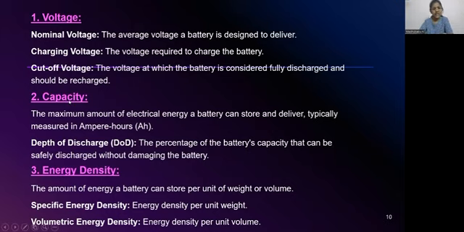Coming to capacity, capacity is the maximum amount of electrical energy that can be stored by a battery. It is measured in ampere hours. Energy density, also known as specific energy, is the amount of energy a battery can store per unit weight or volume.